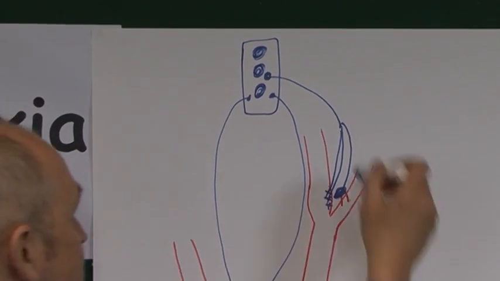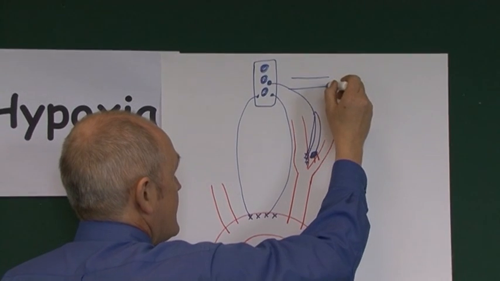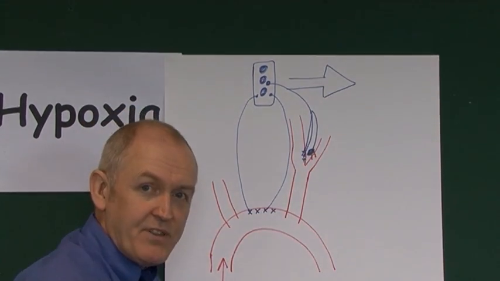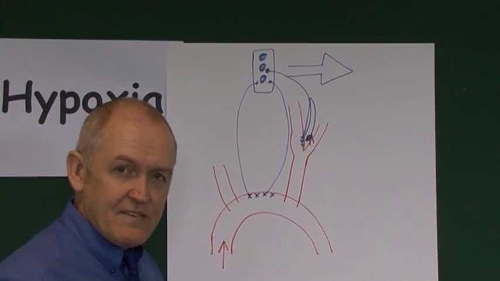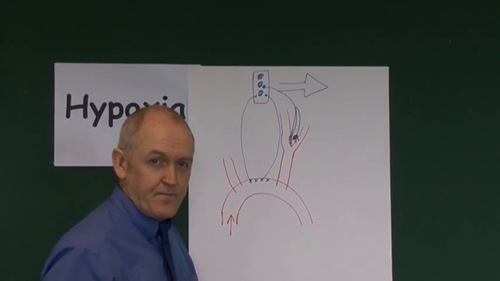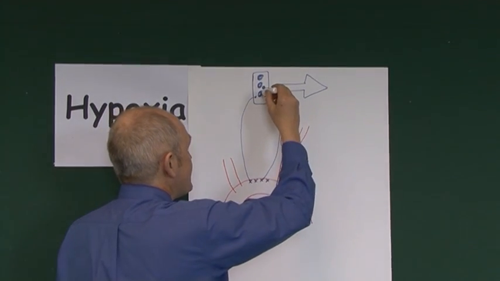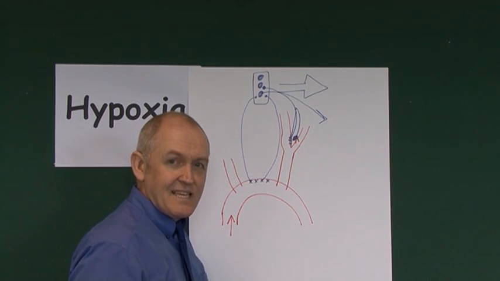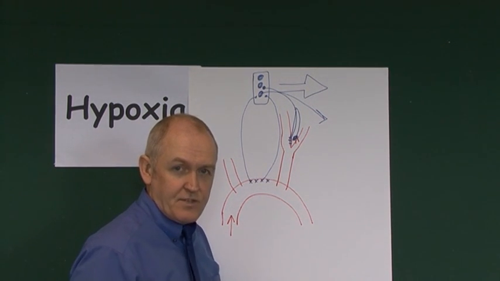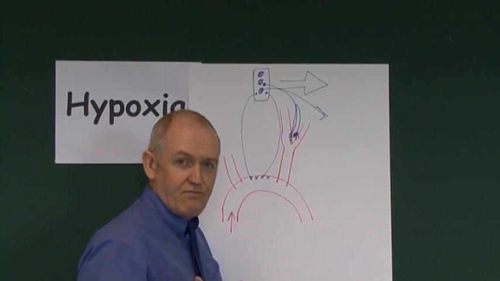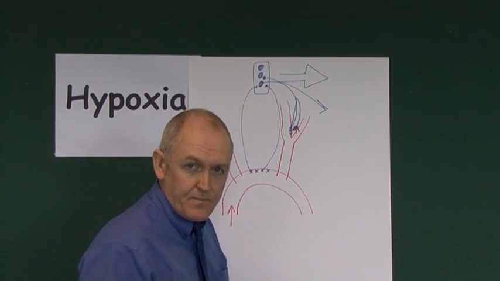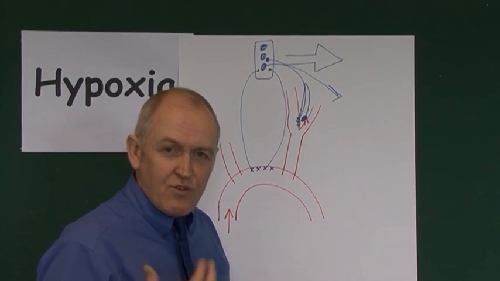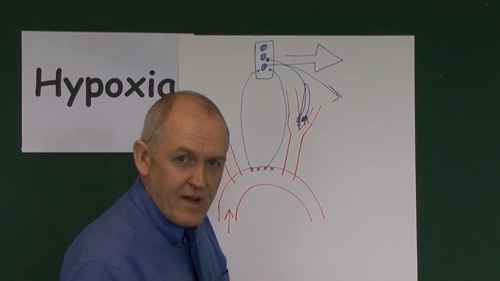And what will happen is the brainstem will initiate increased sympathetic outflow. There will be activation of the sympathetic nervous system. And when you sympathetically stimulate the respiratory centre, you're going to get an increased rate and depth of respiration. Breathe harder, breathe faster, breathe deeper. So one response to hypoxia will be the patient trying to breathe faster, trying to get more air in.